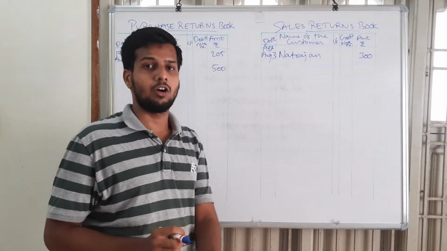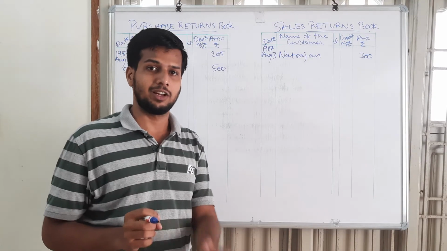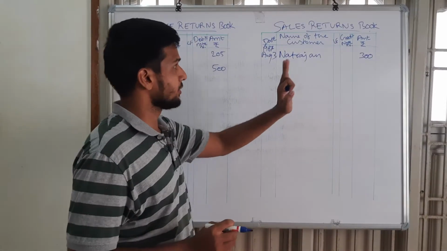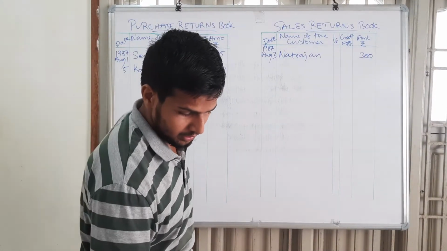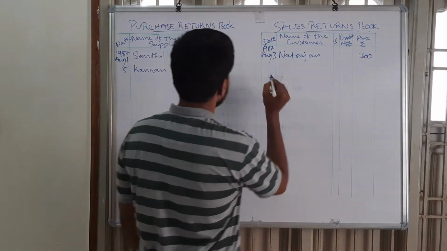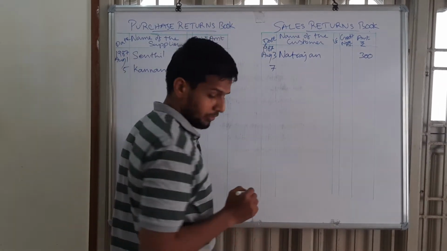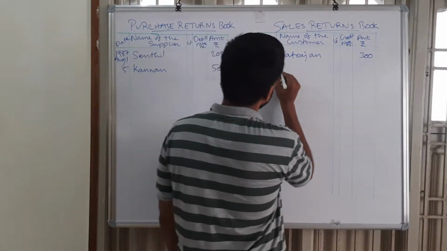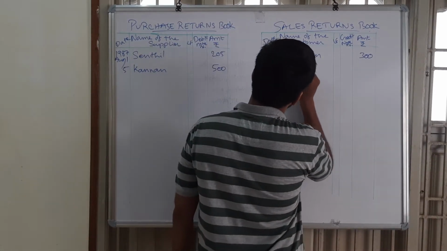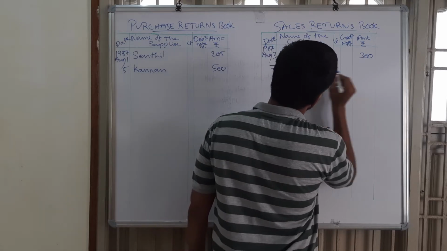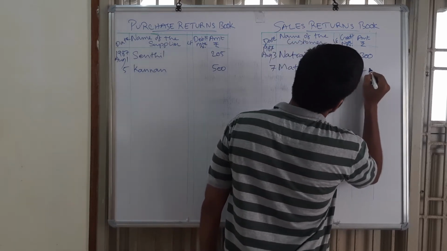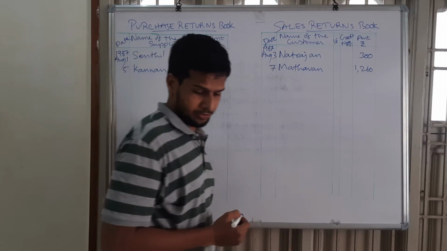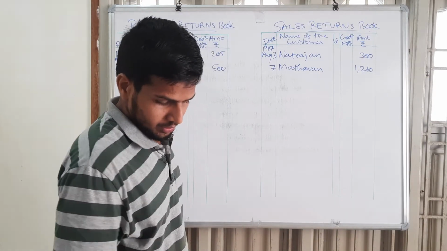They already mentioned that it is sales returns, so it should be written on the sales returns side. That is August 7. The name of the customer is Madhavan, 1260 rupees.